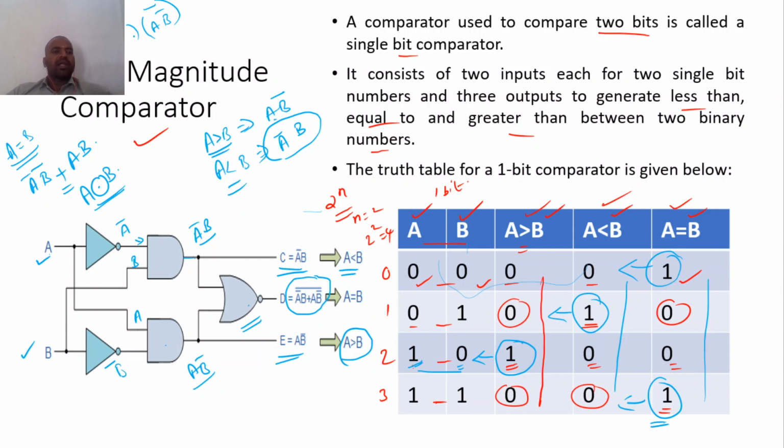So again here apply De Morgan's theorem, which is nothing but a plus b bar into a bar plus b, then multiply these two together: a bar a plus a b plus a bar b bar plus b bar b. So here a bar a and b bar b get cancelled, so the final expression is ab plus a bar b bar.